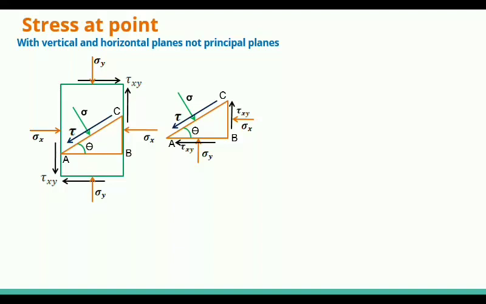On the plane AC, the normal stress and shear stress are also mentioned. Like in the previous class, we will resolve all these forces in two directions, the x direction, the horizontal direction, and the vertical direction. Right now, sigma y and sigma x are known, and tau xy is also known. We have to calculate sigma and tau, the normal stress and shear stress on the plane AC.